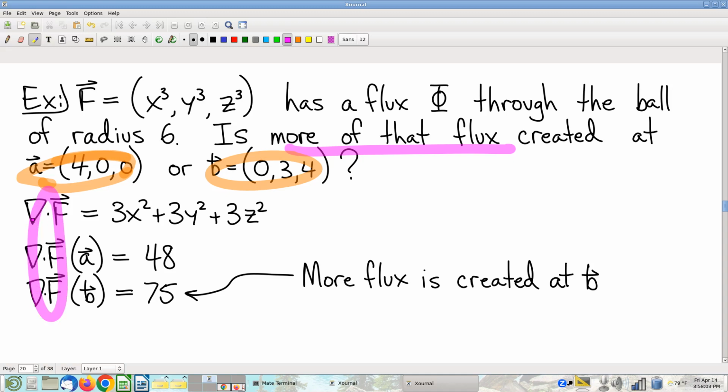Flux density points to where the flux is coming from. And you see, between these 2 points, it's greater at B. So there's more flux being created at B. In the same way that derivative tells you how much the function's changing, divergence tells you how much flux there is at that point.